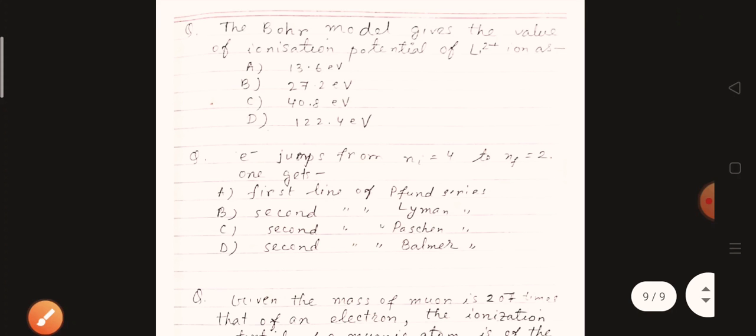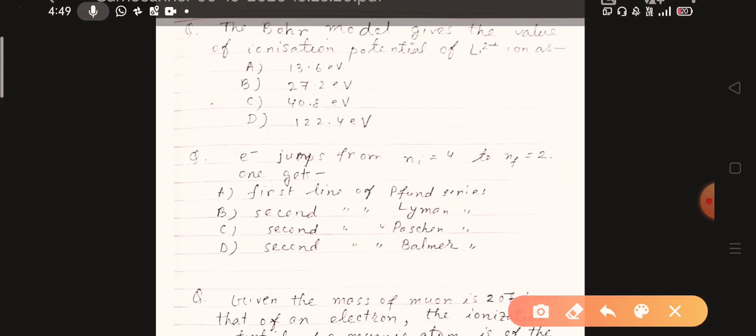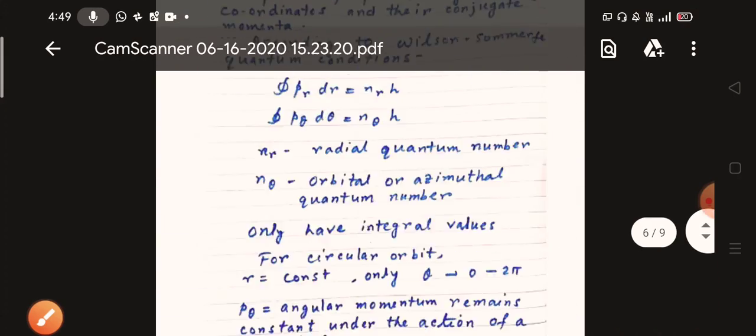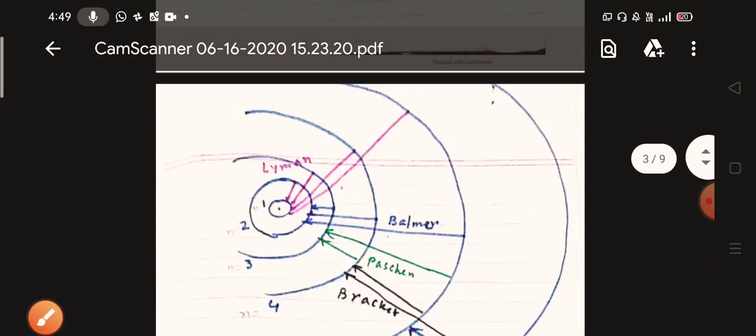Another question: an electron jumps from Ni equals 4 to Nf equals 2. The initial state is 4 and the final state is 2. Now one gets the first line of Pfund series, the second line of Lyman series, the second line of Paschen series, or the second line of Balmer series. So go to that energy level diagram.